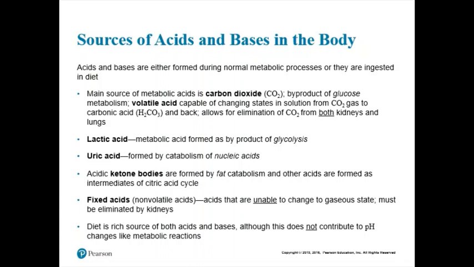Or when you break down fats, you could get byproducts like ketone bodies. These are all acids in your body. And these acids don't change into a gaseous state like carbon dioxide. They are stuck in their state that you're going to have to eliminate in your urine. They're what we call fixed acids, aka non-volatile, meaning they don't turn into a gas. So these are some of the sources of acids in your body.